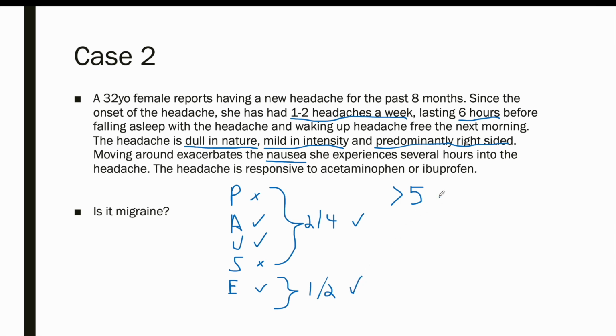She has had more than 5 attacks. They do last more than 4 hours in duration. And from what I can gather, she does not meet criteria for another primary headache disorder. So actually, she does have migraine.